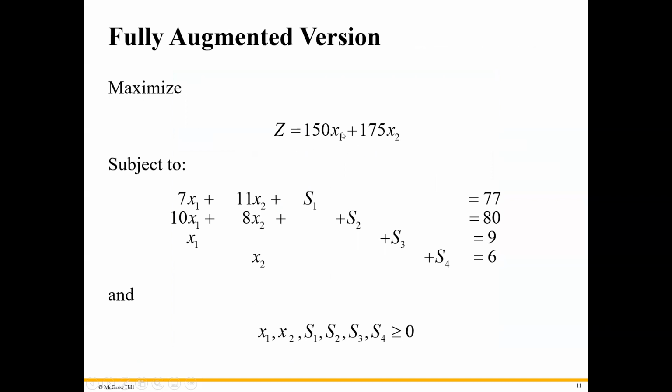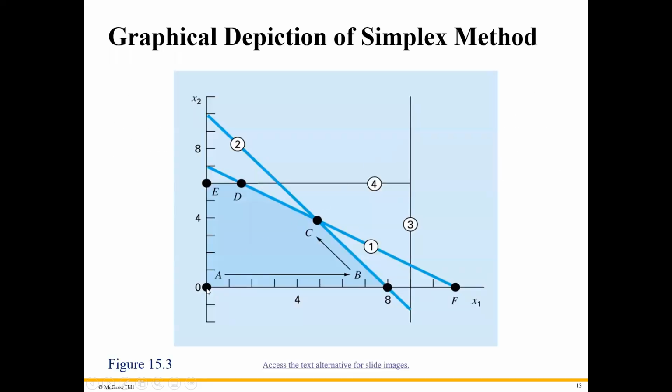If the values of x1 and x2 are 0 or greater, then the minimum value of z is 0, when x1 is 0 and x2 is 0. That is only possible at point A. At any other point within this feasible region, the value of z will be greater than 0.